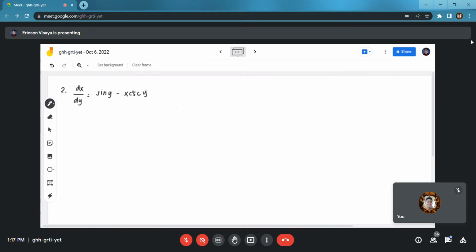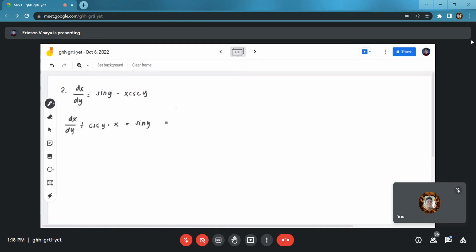So, mapapansin kasi natin dito ngayon, yung ating dependent variable na ngayon ay si x. Bali, lipat natin ito sa kabila yung may x. Bali, dx over dy plus x cosecant y. So, cosecant y times x is equal to sin y.